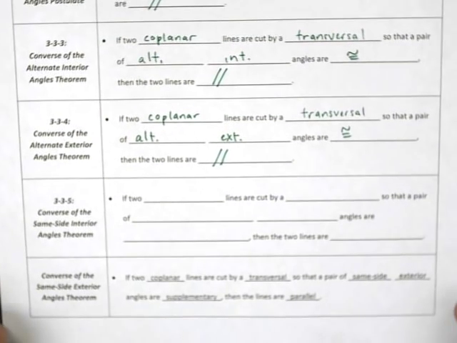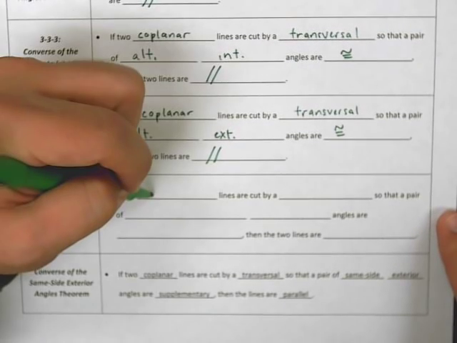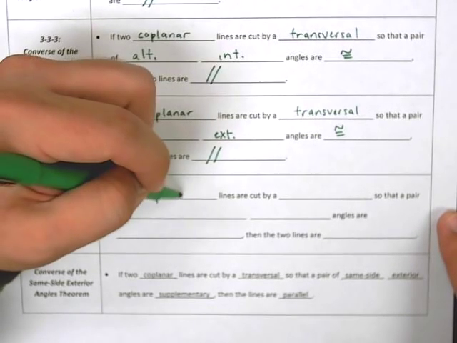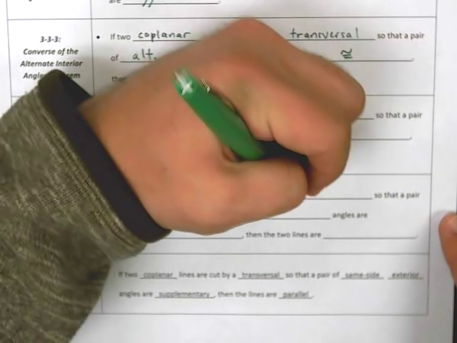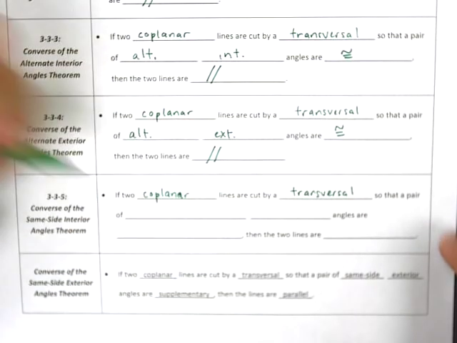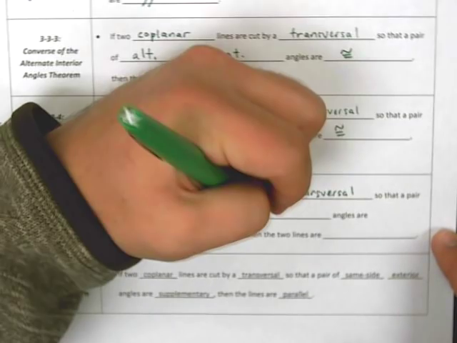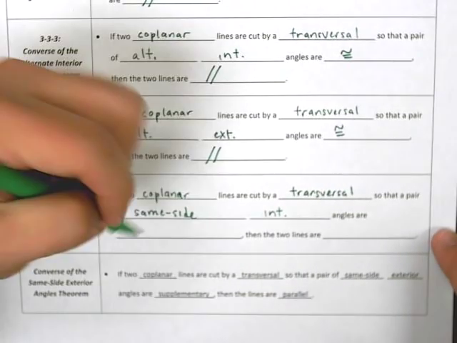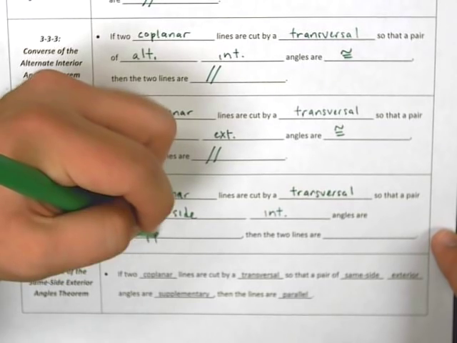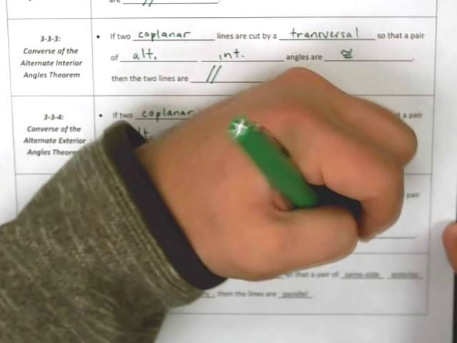And now we have our same sides, same side interior, same side exterior. If two coplanar lines are cut by a transversal so that a pair of same side int angles are supplementary, then the two lines are parallel.